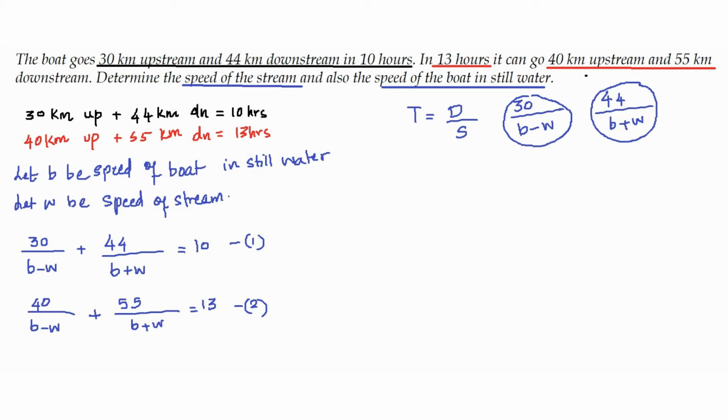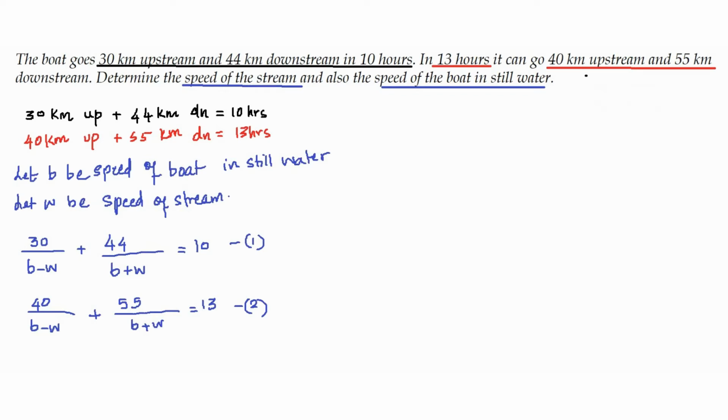We have to find the variables V and W. So this looks very similar to my substitution method, right? There is a substitution that I can make and I can get the equations easily.